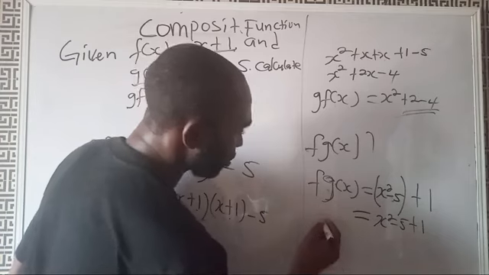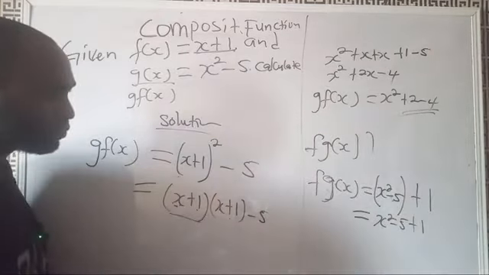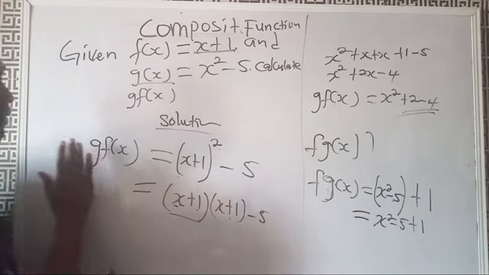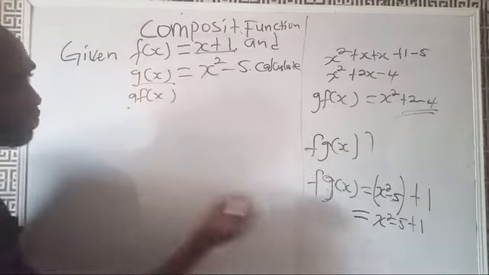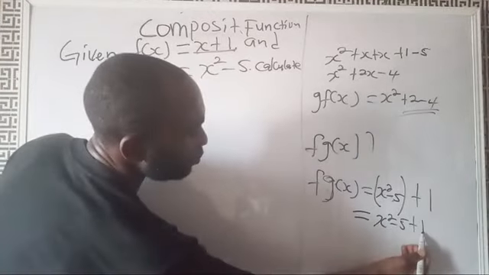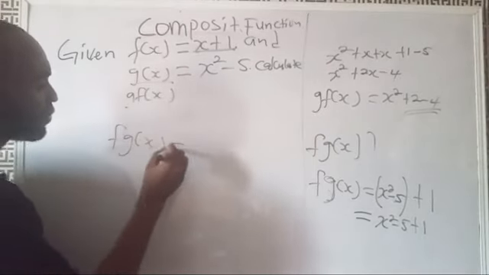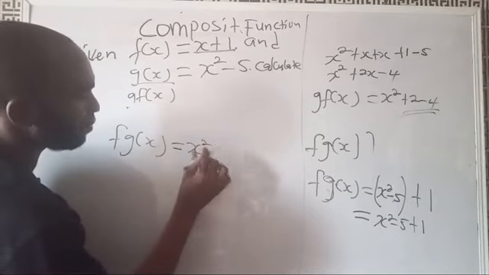Let us continue from here. So minus 5 plus 1, so f of g of x is now equal to x squared minus 4.